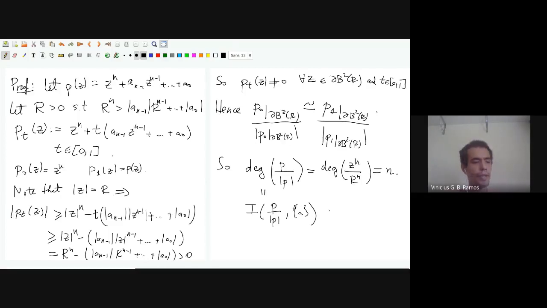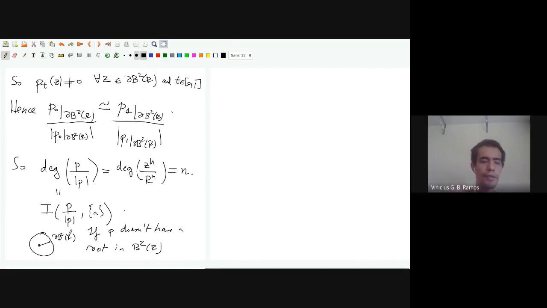And now I can recall the proposition from last time, which is that this guy here is defined on a circle of radius r, so this is the boundary of the disk of radius r. So if P doesn't have a root in this ball of radius r, then P over norm of P extends over this whole ball.